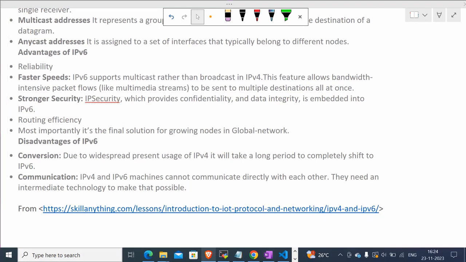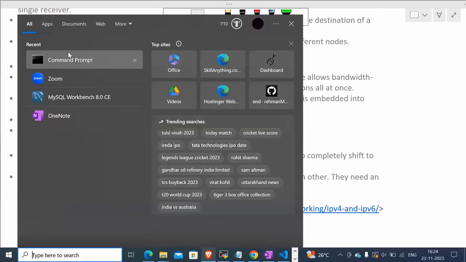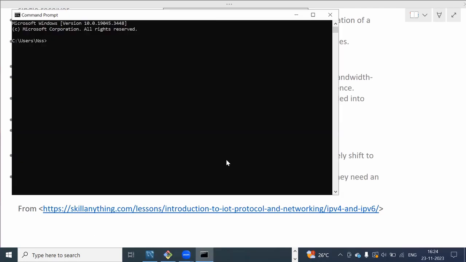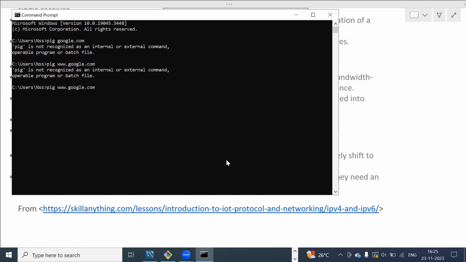Let me show you one more example. If I open cmd, there is a command named ping. If I do ping google.com, it should complete.